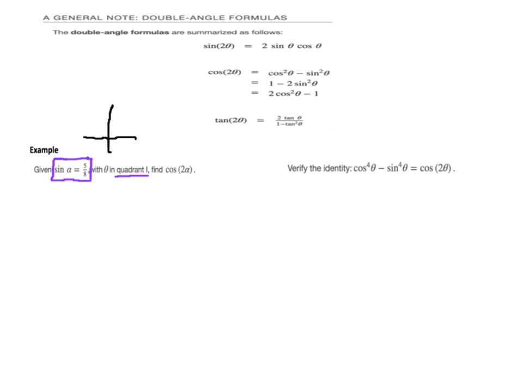And we have theta living in quadrant 1. And then it says find the cosine of, I'm sorry, I'm saying theta. The sine of alpha is 5/8 and alpha lives in quadrant 1. So find the cosine of 2 alpha. And I think they must have meant an alpha right there as well. I think they just got some misprint.